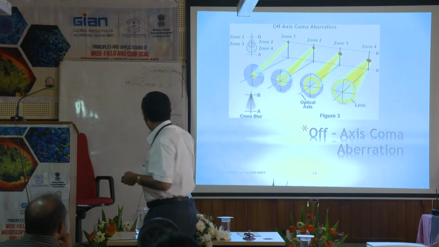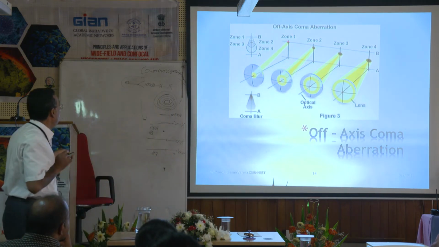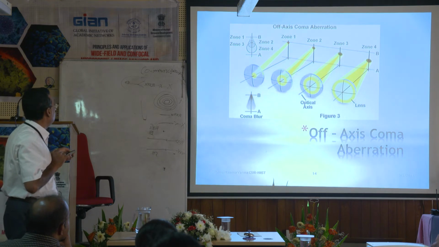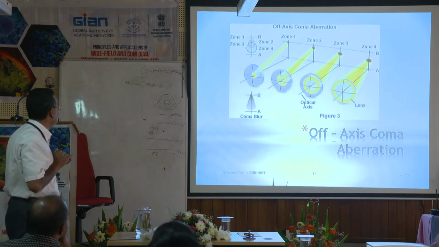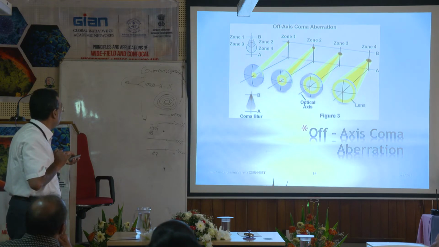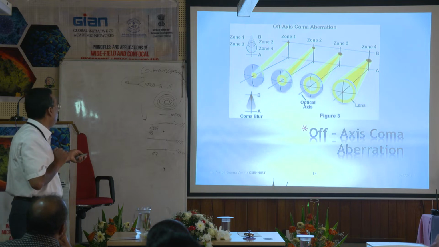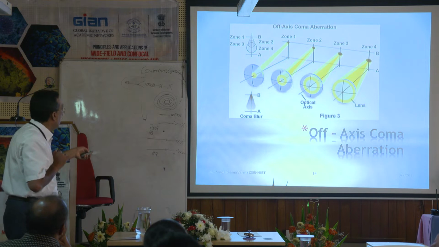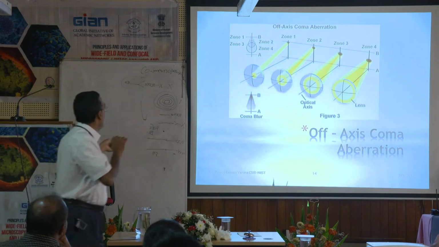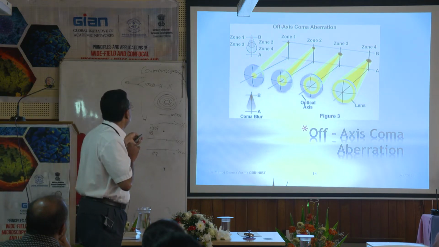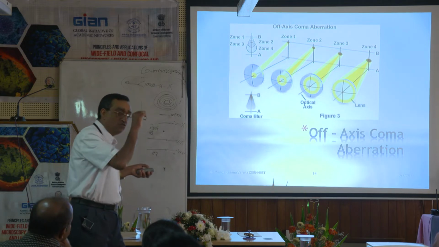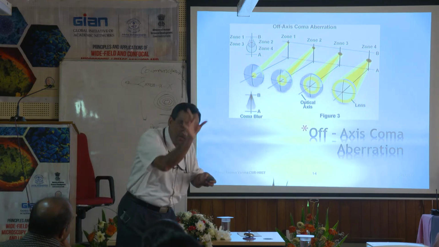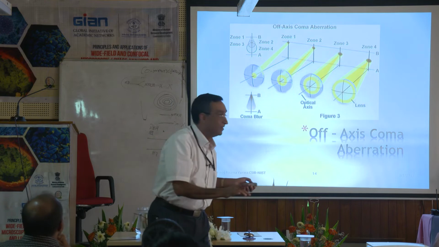This is coming because of different zones on the object. The topmost part of the object forms an image at the center. Zone 2, just below that, forms just outside that, and zone 3, still further down, forms another circle, and zone 4 forms another circle near the extreme, and as a result you will see a series of circles one after the other forming a coma blur.